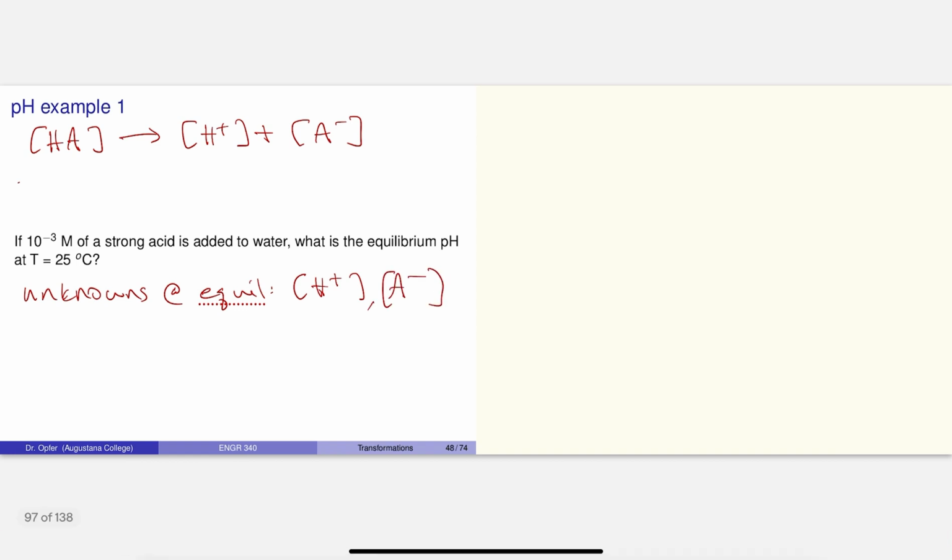But remember that water is itself a really, really weak acid, and that's going to form hydrogen ions, and also its conjugate base is OH minus. So technically we have another unknown at equilibrium, which is OH minus.